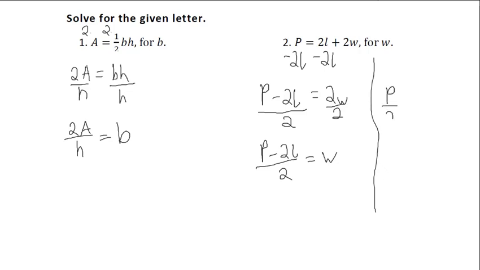So you have P divided by 2 minus 2L divided by 2 equals 2W divided by 2. And so then you get 1/2 P minus L, since the 2 divided by 2 cancels out, equals W. So half of the perimeter minus L. Either one of these is an acceptable form for the solution for W.